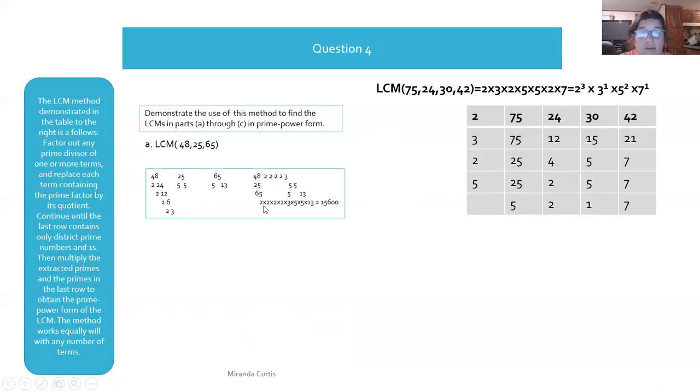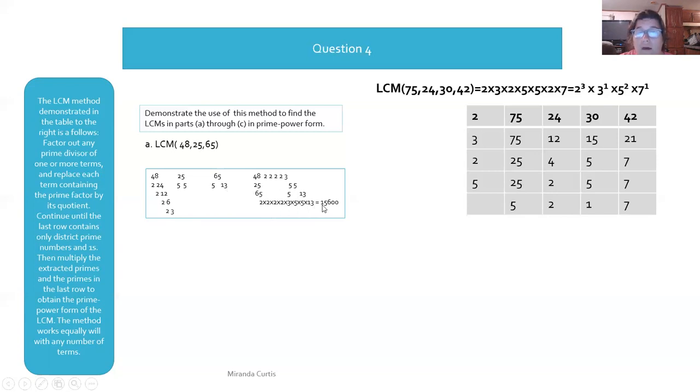Now we're going to bring them over. You got 1, 2, 3, 4 twos. You put them right there. Oh, wait, we have a little 3 over here. We got to make sure we get them in order. Here's 1 three. We got 2 fives, because we have 2 fives, this 5 is already counted for and it's already divisible by. All we have to do is bring over our 13.